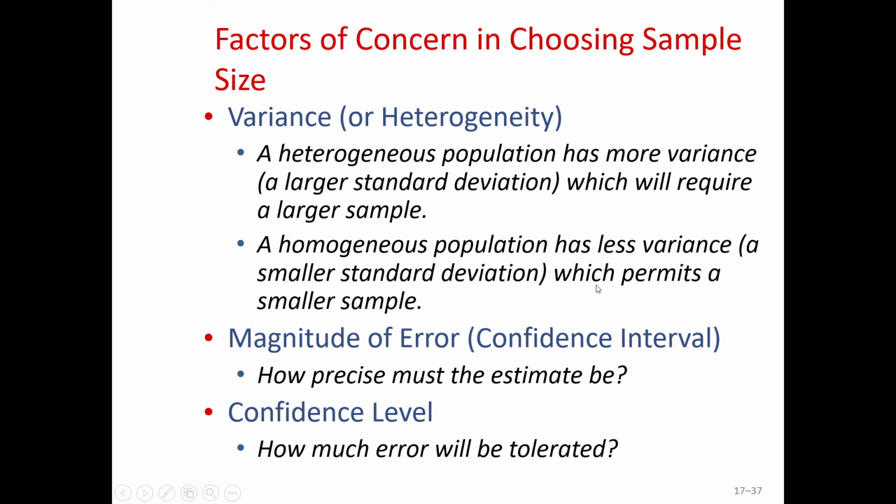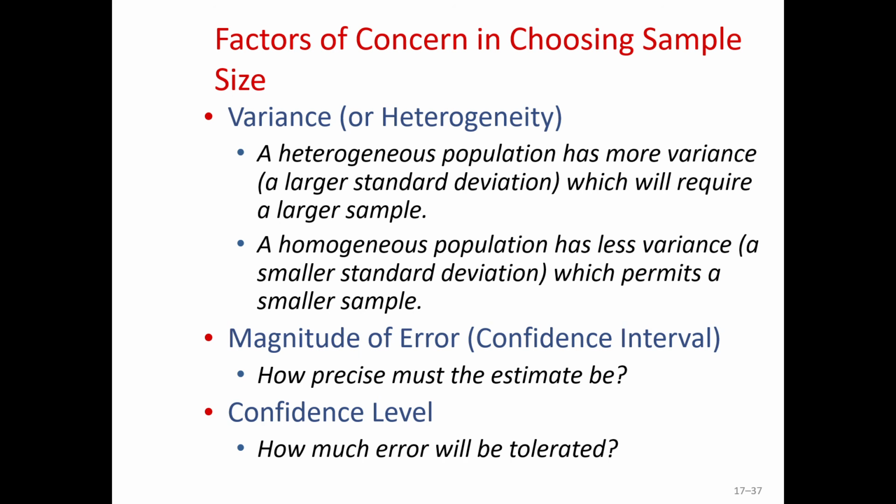Now, factors in determining the sample size. There are 3 factors required to specify the sample size. The first, heterogeneity, the variance of the population; then the magnitude of acceptable error, plus or minus some amount; and then the confidence level, the one that I said before, 95%.